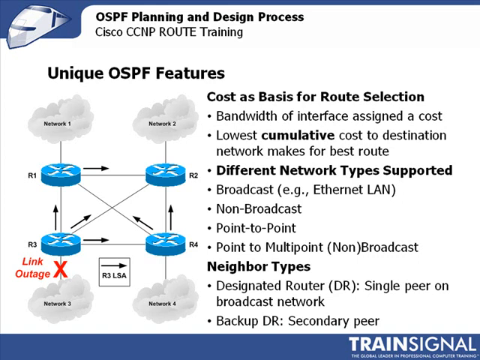Another thing that OSPF does is it uses cost as its basis for route calculation. It's hop count in Routing Information Protocol, and in EIGRP, it's bandwidth and delay. But OSPF does cost as the basis. The bandwidth of each interface is translated to cost based on a mathematical formula. The lowest cumulative cost to the destination is determined the best route.